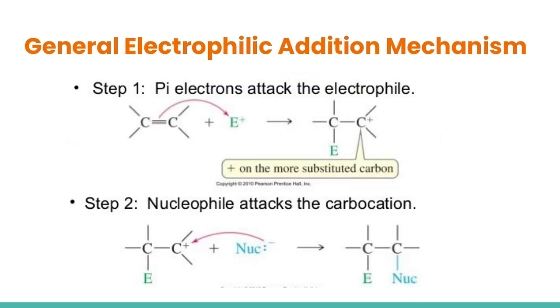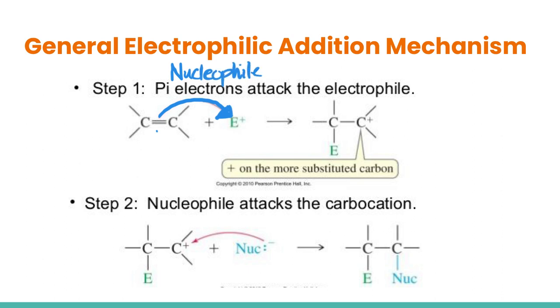We're going to see a couple of examples of slight variations on the electrophilic addition mechanism, but generally this mechanism happens in two steps. The first step is the electrons in the pi bond are going to come and attack the electrophile. So essentially, the pi electrons are acting like a nucleophile, and they are attacking the electrophile.